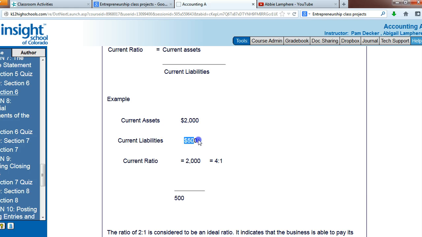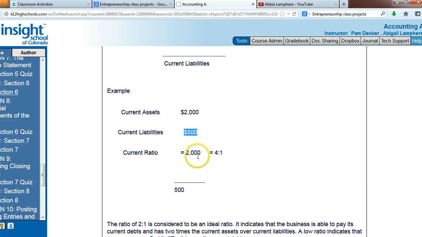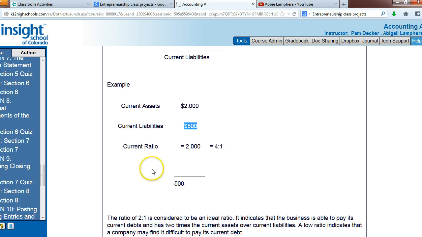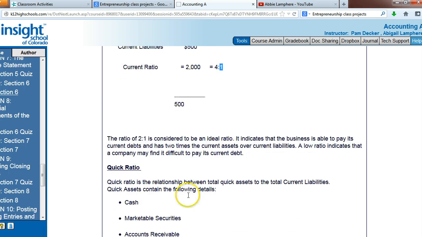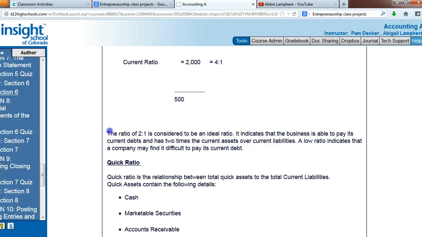Our liabilities are $500 worth. The current ratio then is 2,000 over 500, and we turn that into a ratio number, so it'd be 4 to 1. 500 goes into 2,000 4 times, so that's where we get our 4, and then 500 into itself once. 4 to 1.